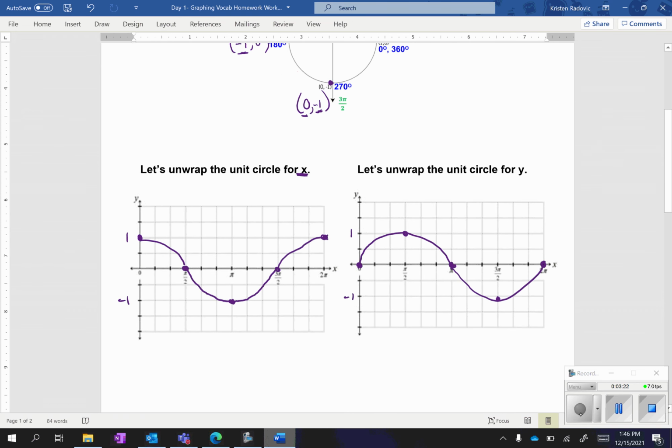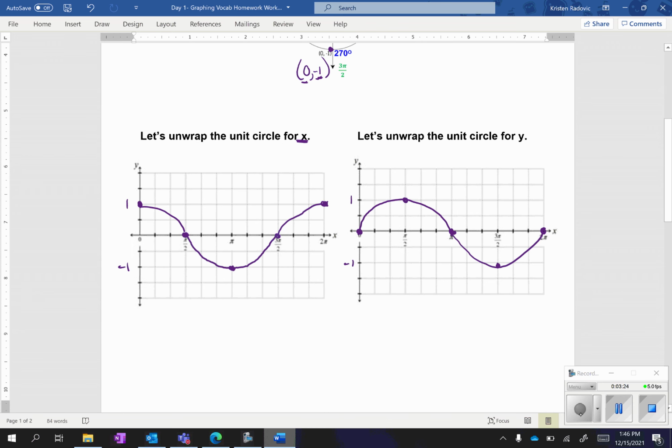So now we have these two equations, or graphs. And if you remember, on a unit circle, your x-coordinate is cosine. So this is the graph of cosine. I should probably use theta, that way we don't get confused with our x's.